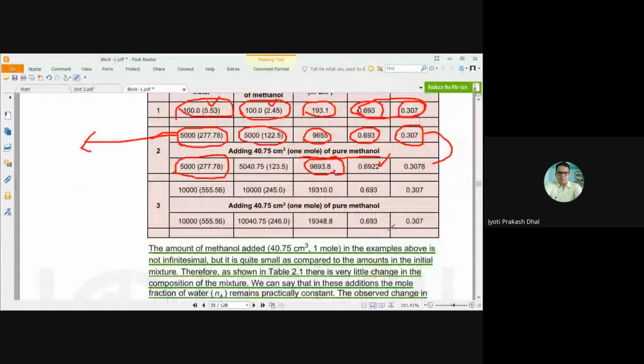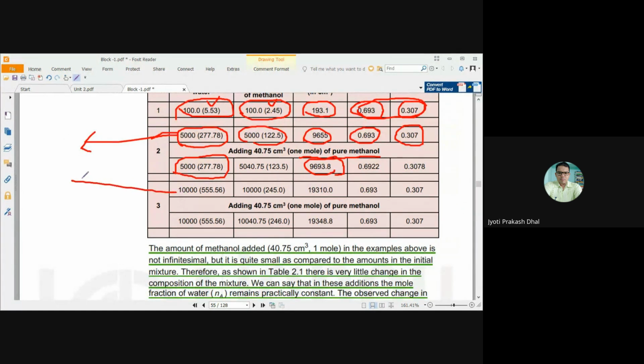Similarly, in the third case, if you take 10 liters of water plus 10 liters of methanol, then the observed volume will become 19.31 liters, and the mole fraction will remain the same as in the first case.